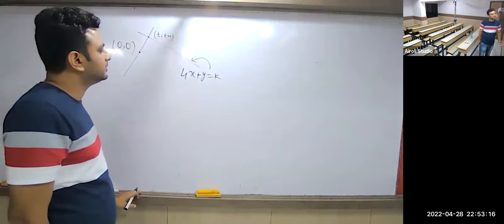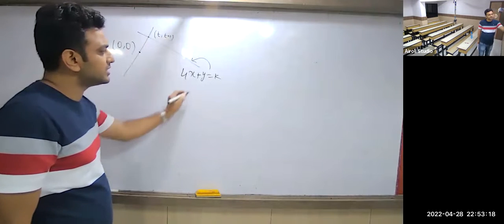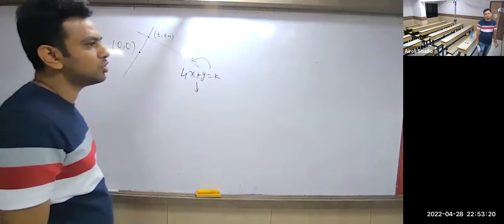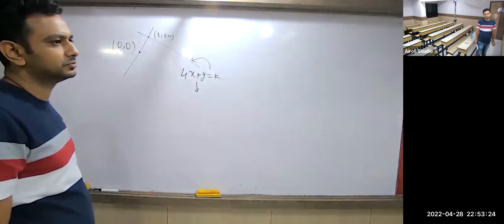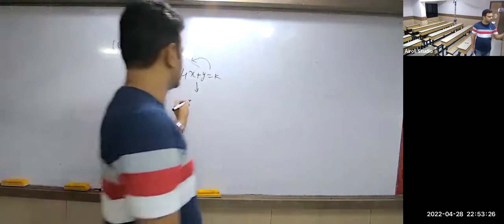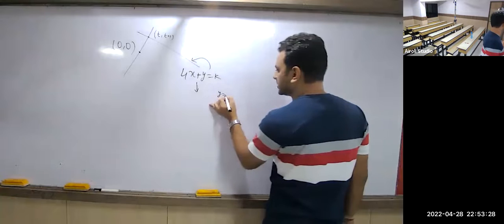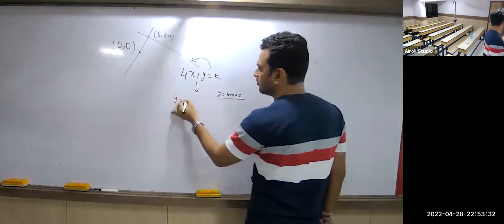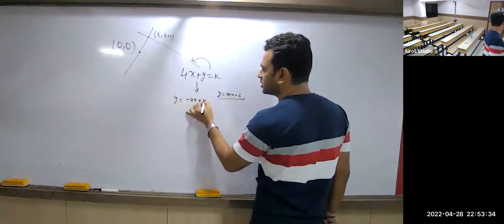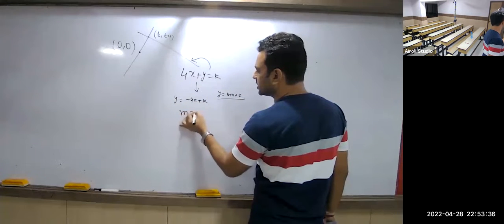Okay, clear? So let's say if I am asking for the slope of this line, क्या हो जाएगा slope? I can form it in the y equals to mx plus c form. Yes. So I will get y equals to minus 4x plus k. So compare करोगे तो slope कितना आ जाएगा इसका?